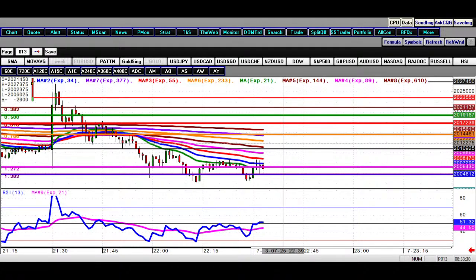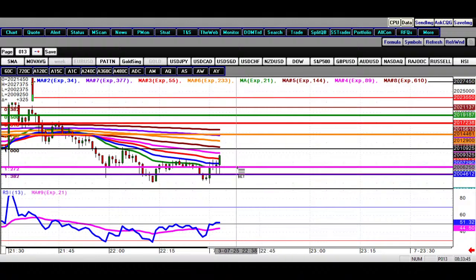As far as the gold is concerned, I think we let it get stopped out, and we will wait for a re-entry at 23. So right now this is trading at 82, 91, okay, 93.